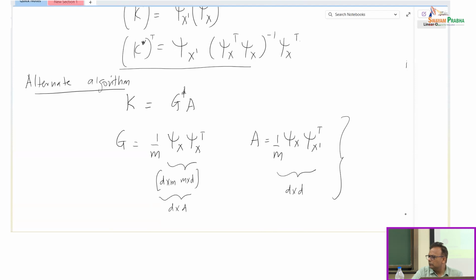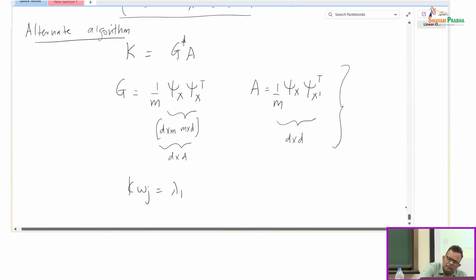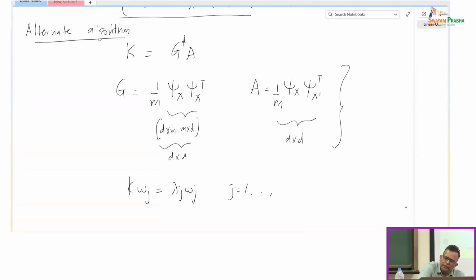Now, once you have this K matrix, you can actually compute the eigenvalues and eigenvectors. So K Wj equals lambda j Wj. I want to tell you one more important thing, which could be interesting.